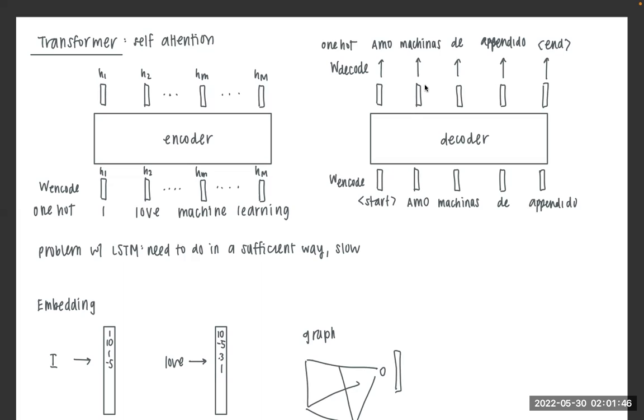So these are the pairs for the training data. You may have millions or hundreds of millions of pairs. And then you just use mini batch training, right? So you go through all those pairs and do stochastic gradient descent. So that's the whole process of training.